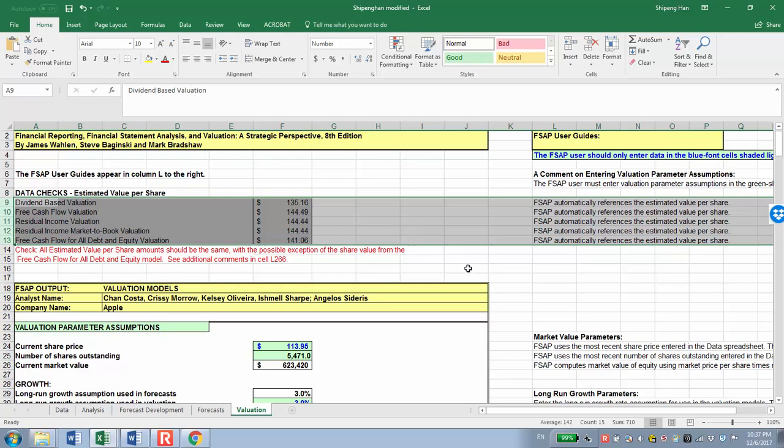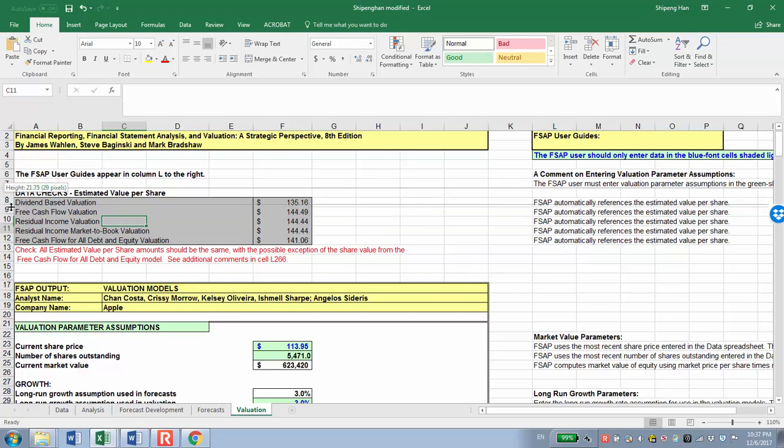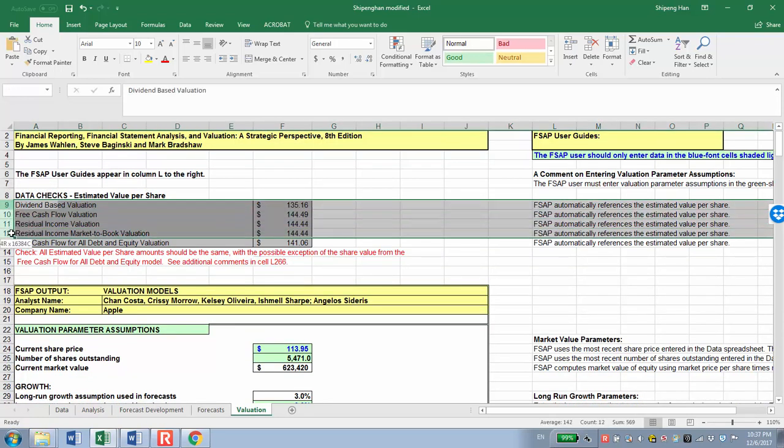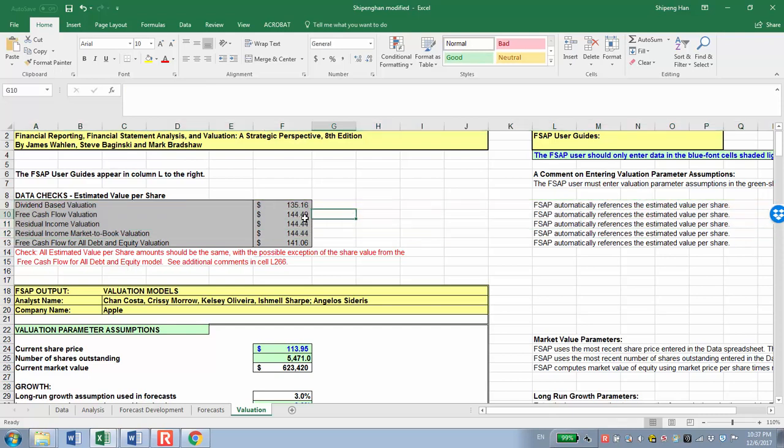The first four are supposed to give the same results. Here is a small difference. I believe it is the effect of rounding up and rounding down.